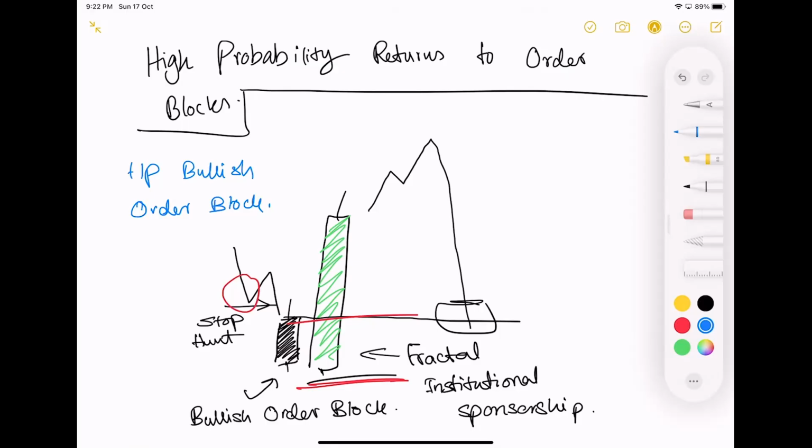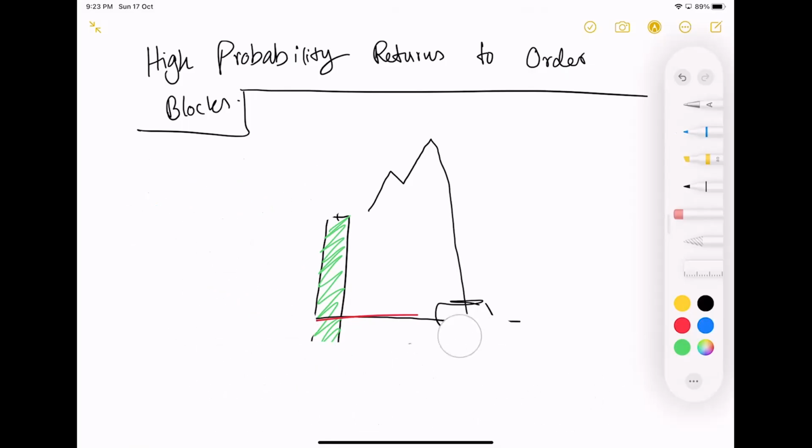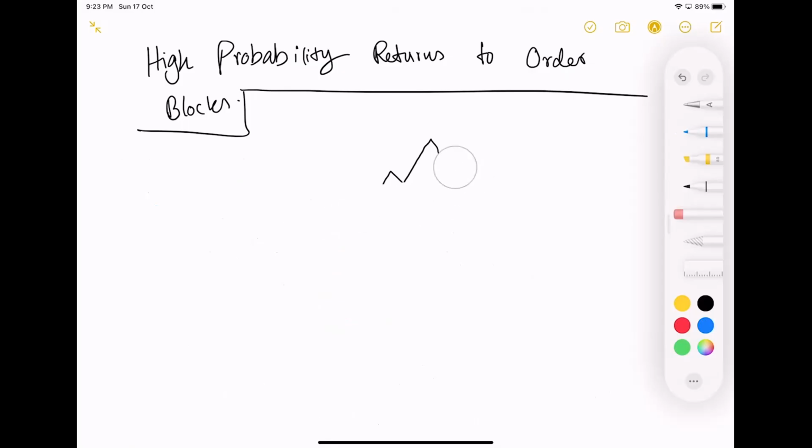So let's move on to the next part where I'll show you guys another example. Now here's the thing. When you're looking for order blocks, most people, and today's Bitcoin was a perfect example, let's say people know what an order block is and how to use it. Here's what they do.